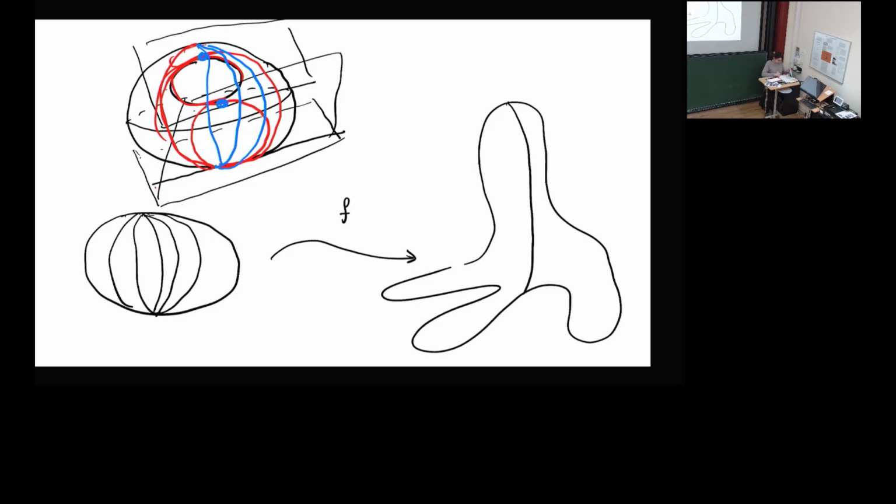Let's also remember the following. I'm going to explain how to construct those short meridians, at least in one case. Let's recall Berger's lemma.